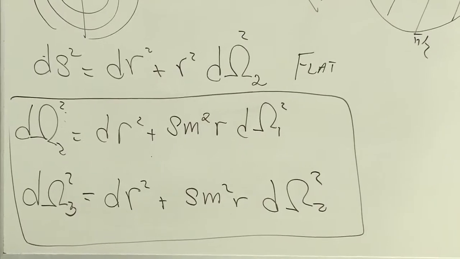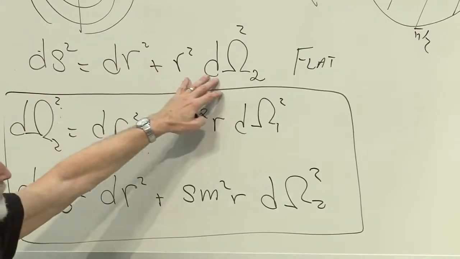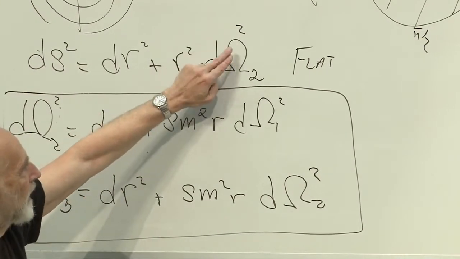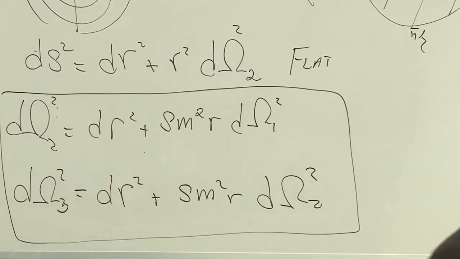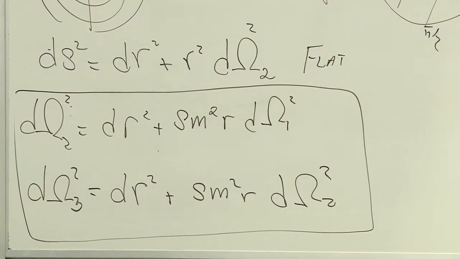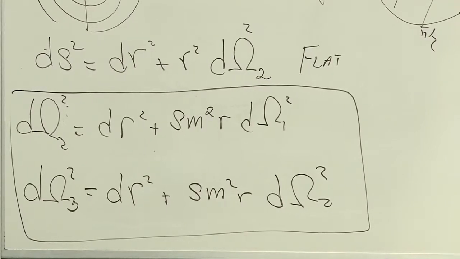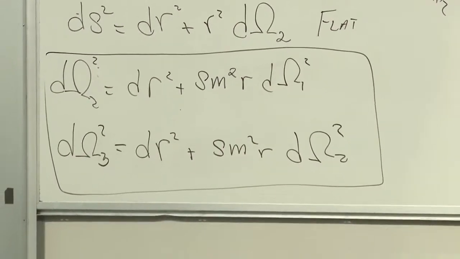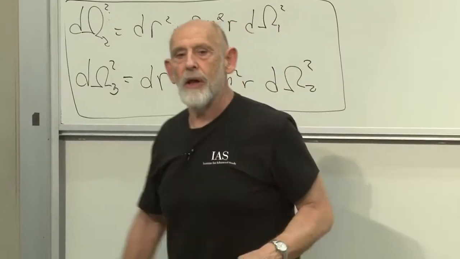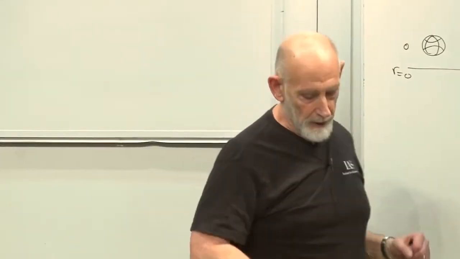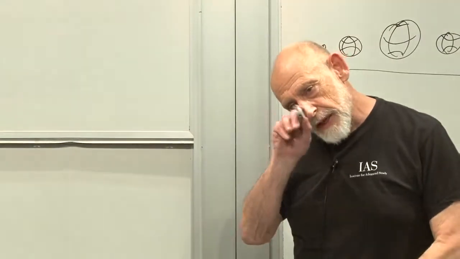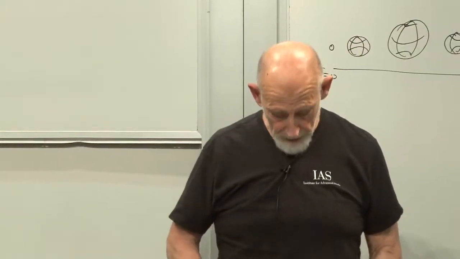Flat three-dimensional space in polar coordinates looks like this, where this is a two-sphere. It just corresponds, again, to the two-spheres that surround you. This is a standard notation: to call the metric of a sphere d omega squared, and you put a little index in to indicate how many dimensions it has.